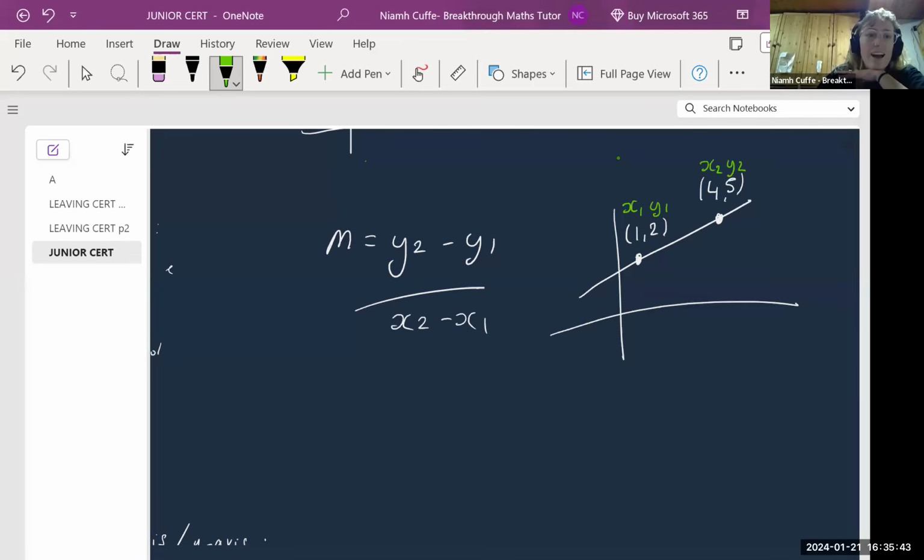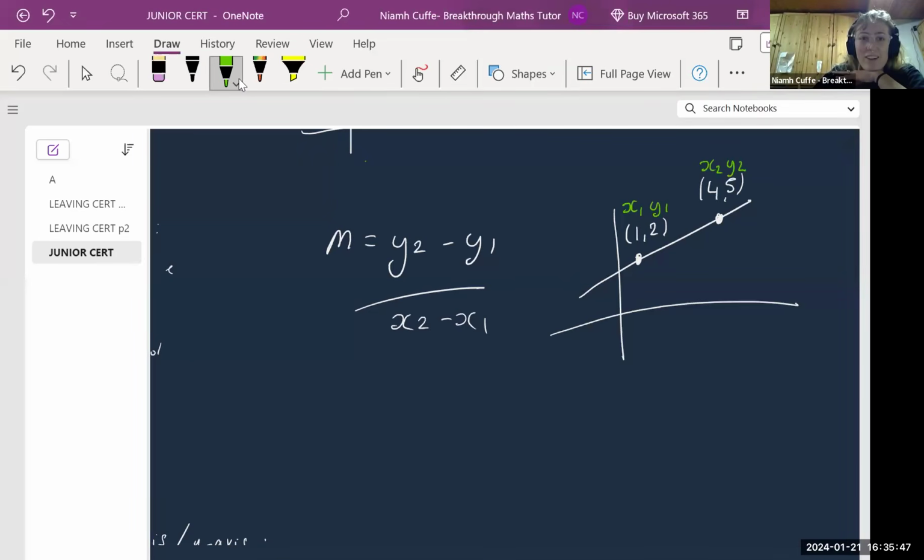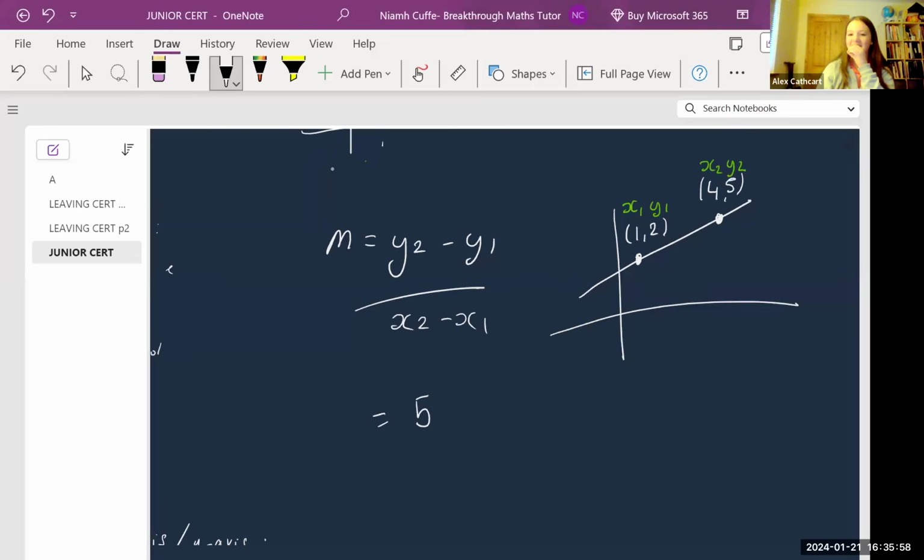Okay. Alex Cathart. Good on you. What do you reckon I should put in here for y2 now, Alex? I put 5 for y2. Good woman yourself. Why? Because that's what y2 is on the graph. Yeah, that's what we called it, sure. Exactly. Well done. Really good. So because I've labeled it that way, guys, that's just what we're going to put in.